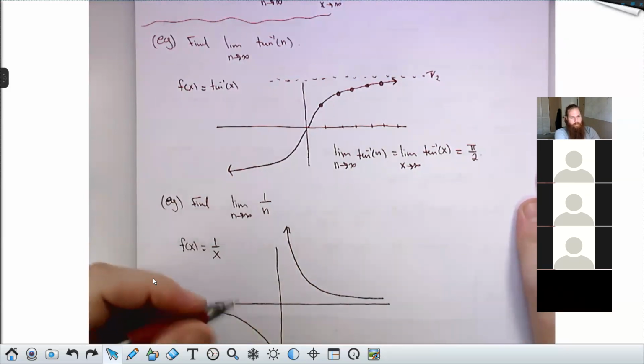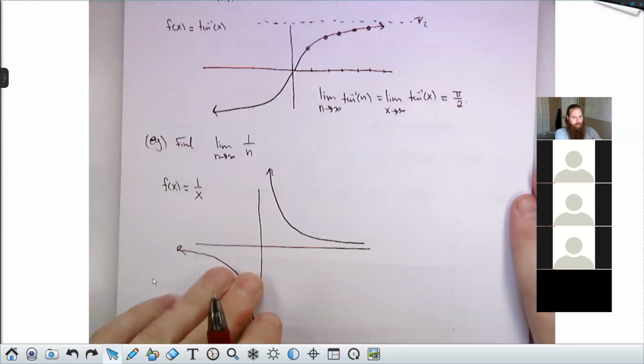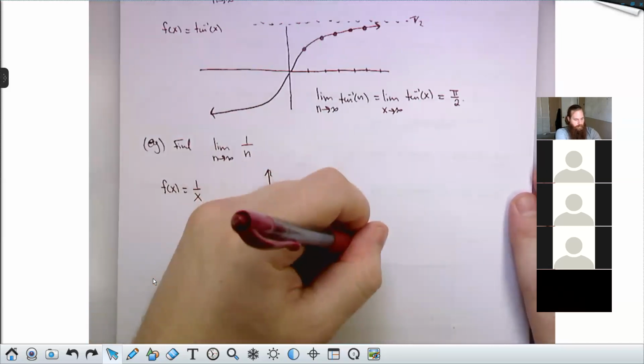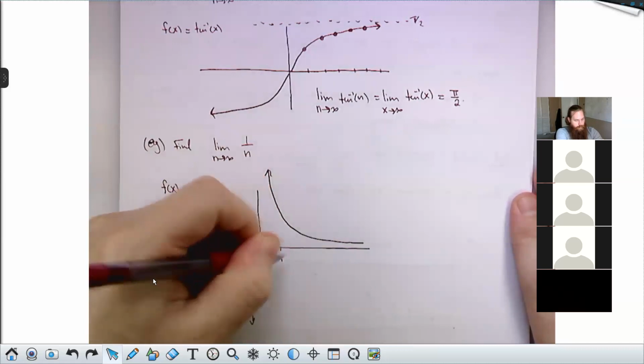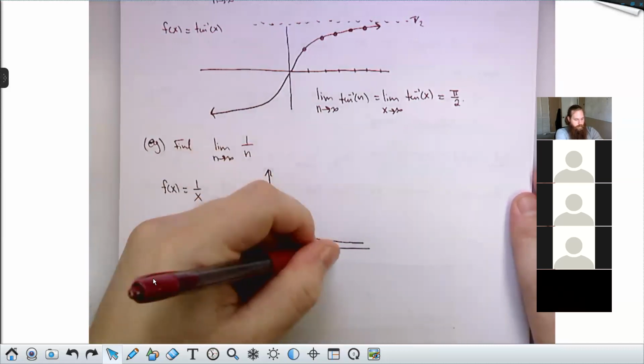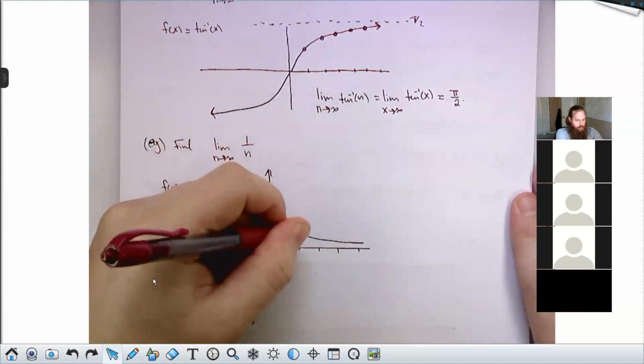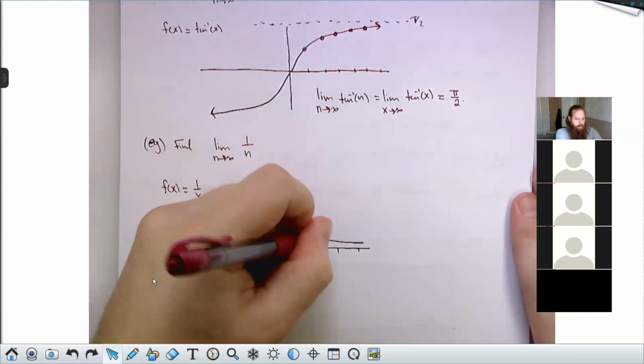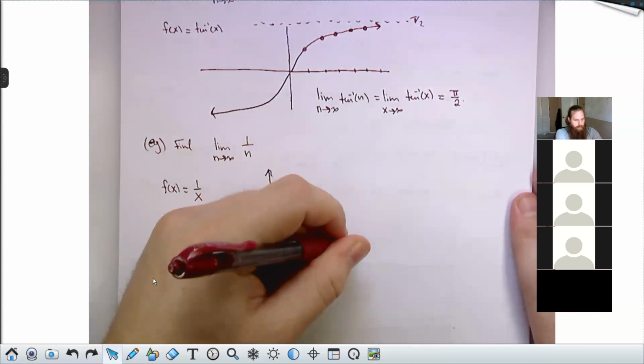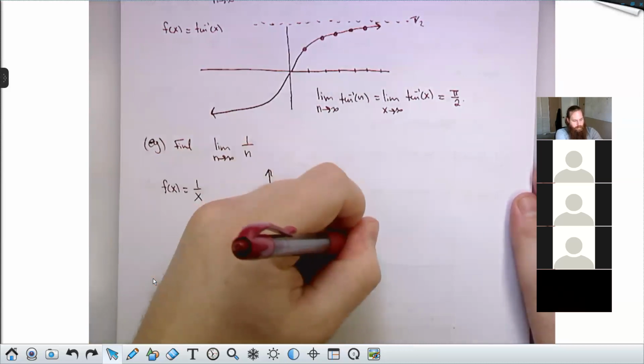It looks like this. So if here's 1, 2, 3, 4, 5, and so on, then here's the sequence 1 over n. It's dots that are trapped along this curve.